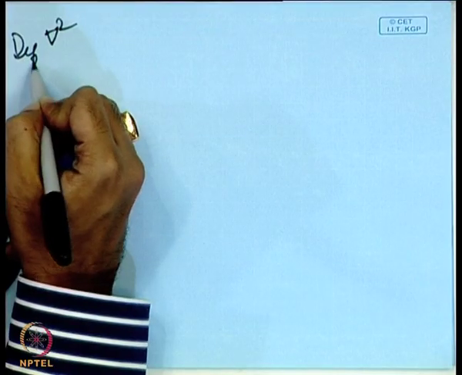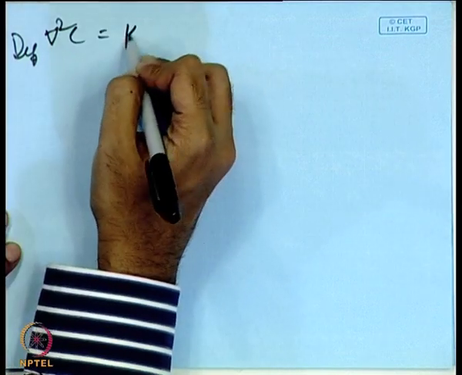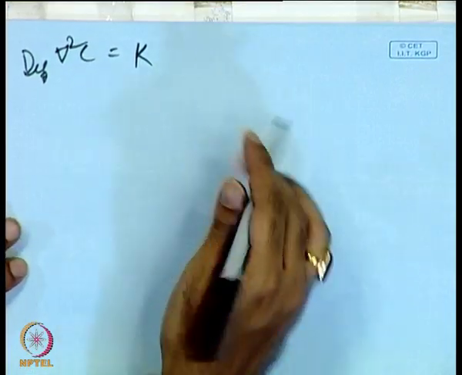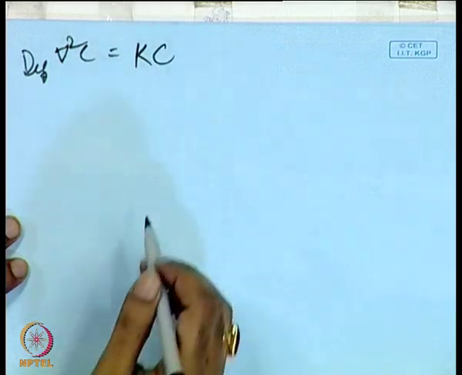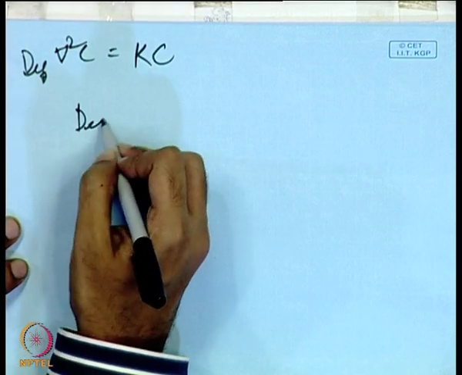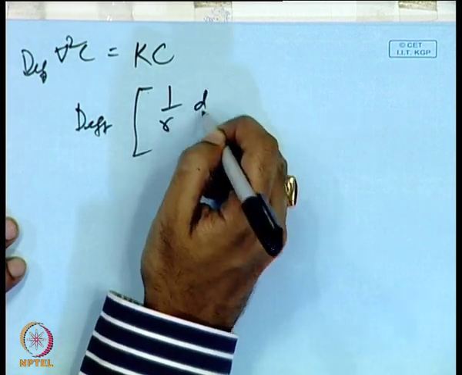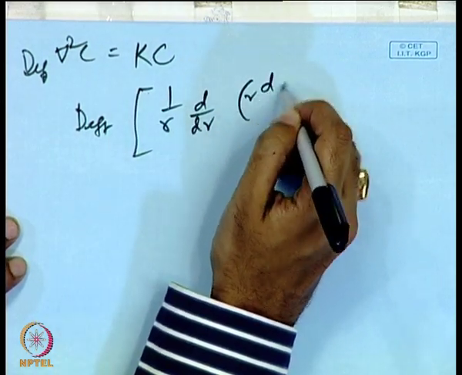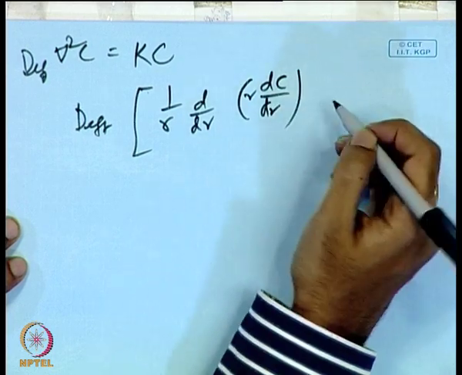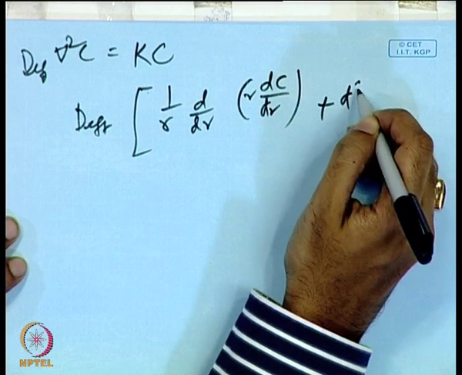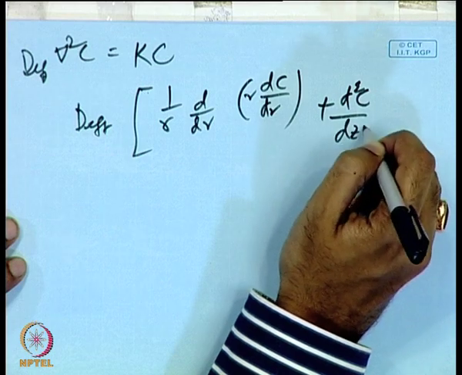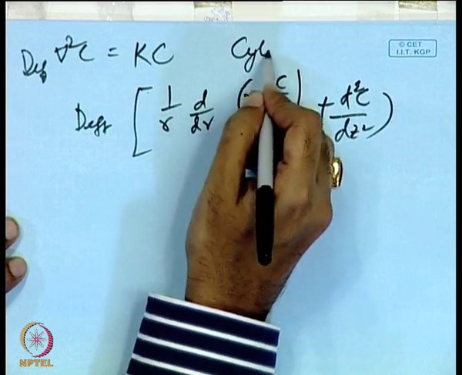For a cylinder, for example, if it is symmetric, my effective Laplacian with D effective is, for a cylinder, the 2D Laplacian: 1 over r d/dr of r del C del r, plus del squared C del z squared.